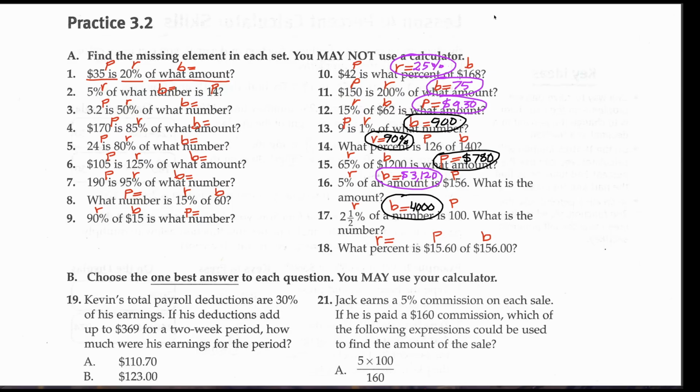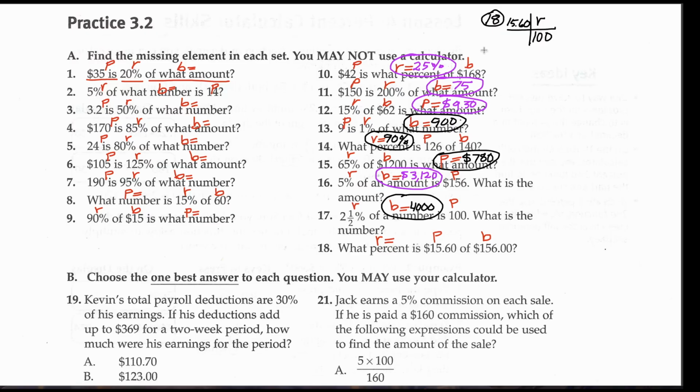Number 18. Let's put 18 over here. Big plus. 100 goes here. R is what we don't know, so we put R here. And the $15.60, that is the part.